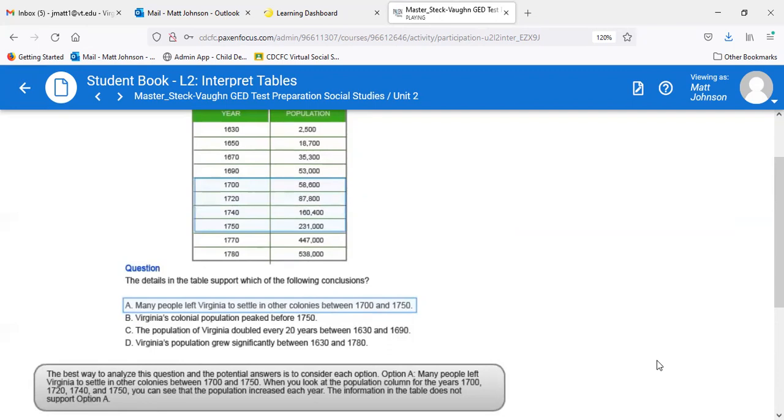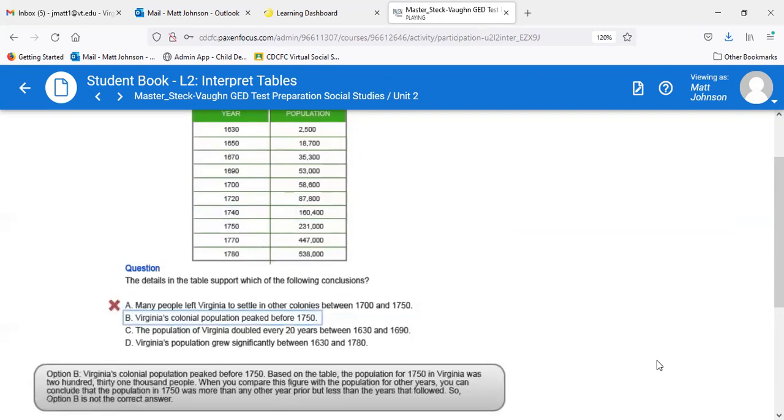The information in the table does not support Option A. Option B. Virginia's colonial population peaked before 1750. Based on the table, the population for 1750 in Virginia was 231,000 people. When you compare this figure with the population for other years, you can conclude that the population in 1750 was more than any other year prior, but less than the years that followed. So, Option B is not the correct answer.